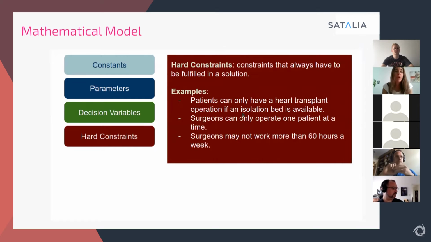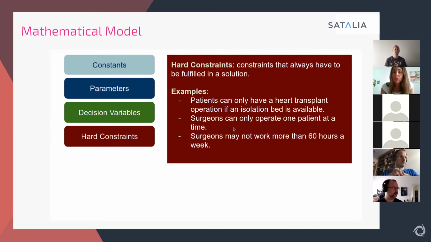Okay, now let's move on to the constraints. We basically have 2 different types of constraints, and the first one are hard constraints. These are the constraints that have to be fulfilled, so they must not be violated. An example in our problem is, as we've already seen, patients can only have a heart transplant operation if an isolation bed is available.